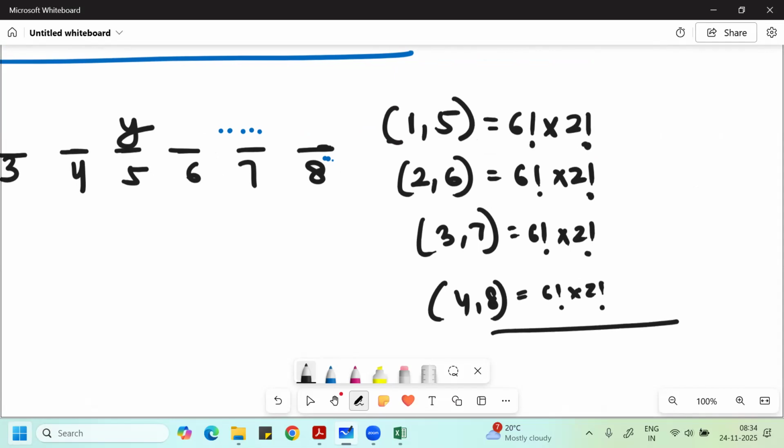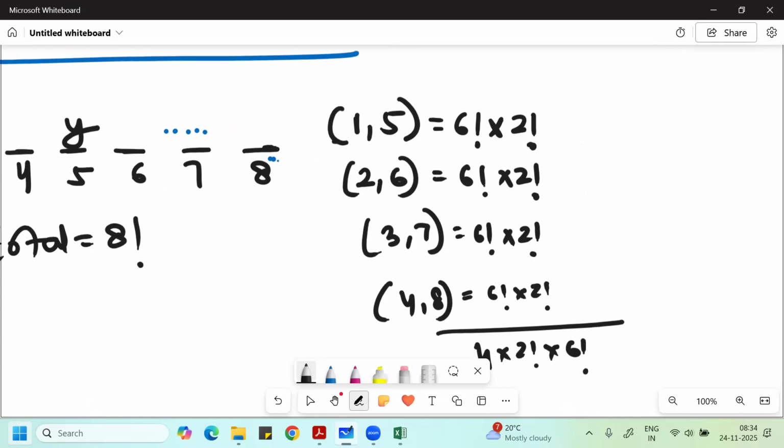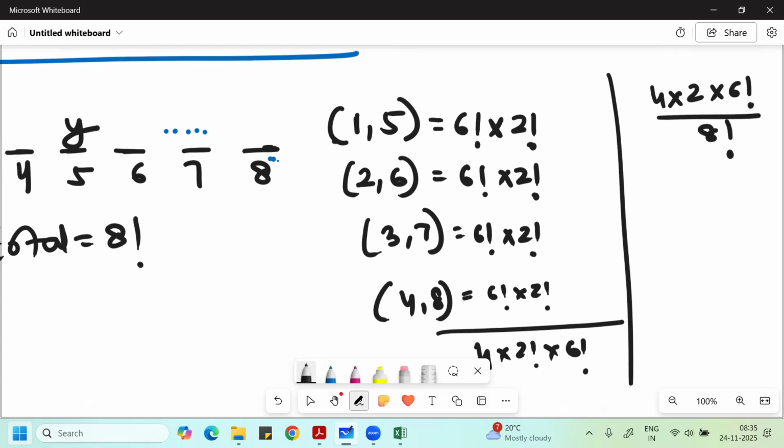So the total favorable outcome would be 4 into 2 factorial into 6 factorial, and for the total outcome, 8 people will sit in 8 factorial ways. So your probability would be 4 into 2 into 6 factorial divided by 8 factorial.